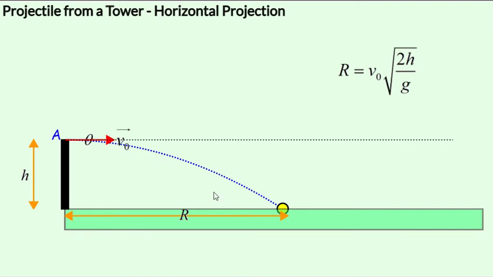And since we are measuring the range in the horizontal direction, the range would be the constant x component of velocity times the time of flight. So the range would be v0 times the square root of 2h over g, since regardless of the velocity, the time of flight remains the square root of 2h over g. You can see here that the range is directly proportional to the initial speed.